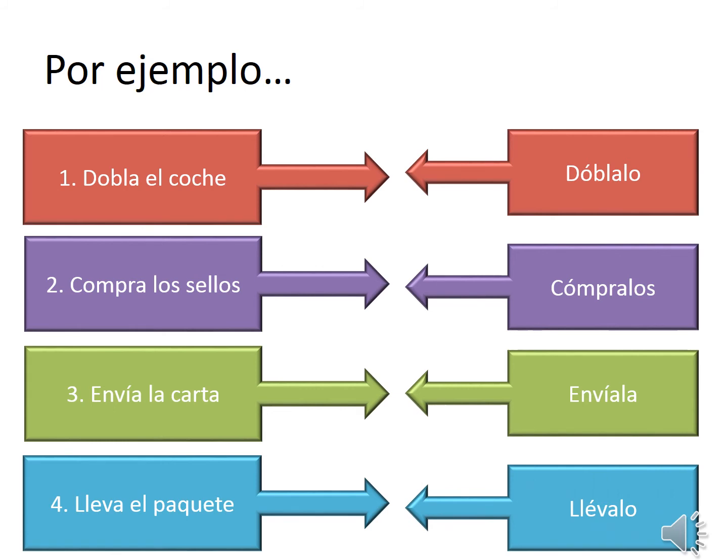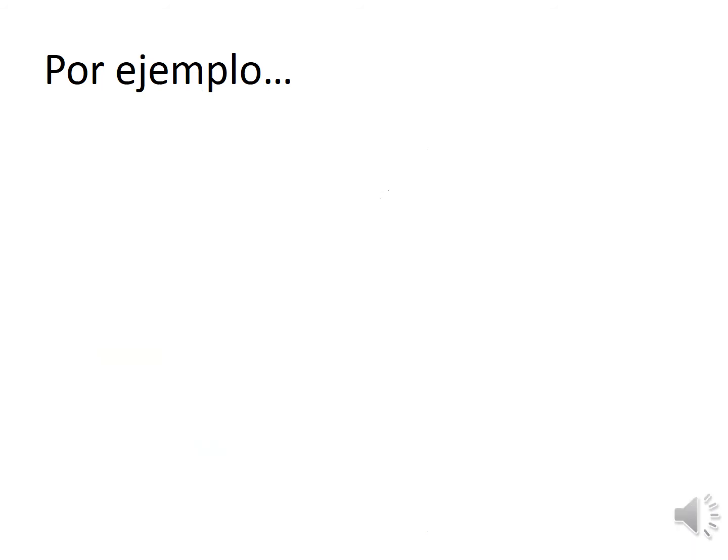For all 4 of these examples, to figure out where to put your accent mark, you start at the last vowel, which would be the o or a of lo, la, los, or las. That's your first vowel, and then you count back 3, and that's where you put your accent mark. It's a neat trick to help us figure it out. Let's look at a few more examples.